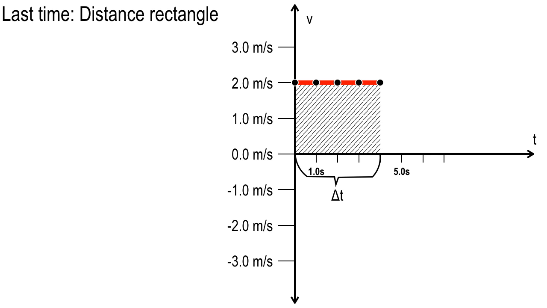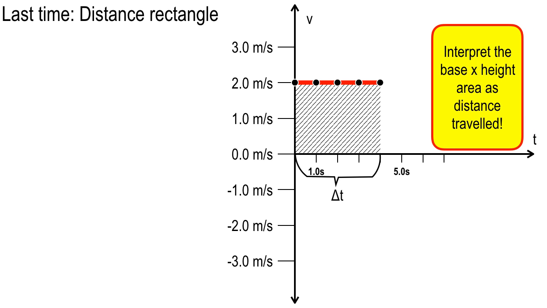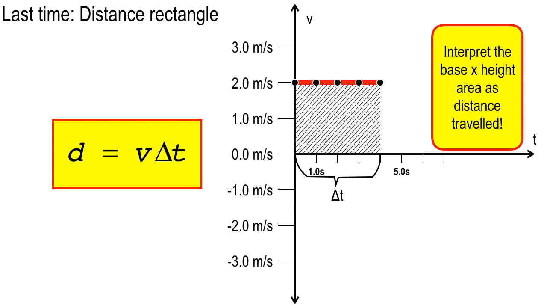Then we said, okay, draw in the polygon for which that graph is the very top, and then the t-axis, the time axis, is the bottom, and then the sides are parallel to the v-axis, the velocity axis. You get a rectangle in this case, and then interpret the base times height area of that rectangle as the distance traveled, for which this is the normal formula.